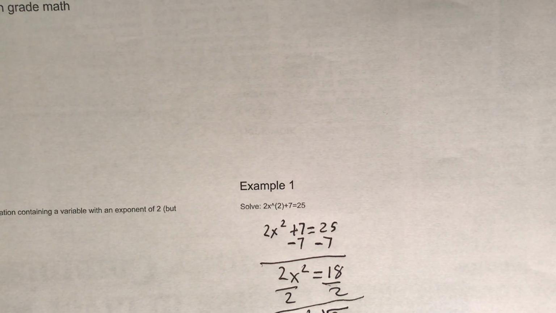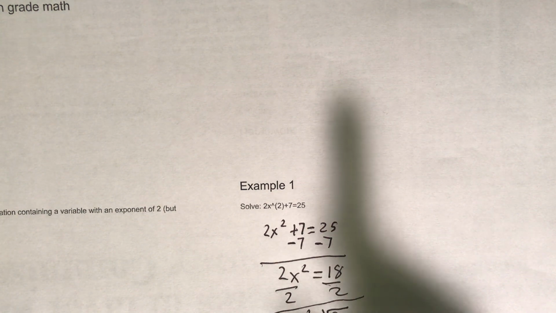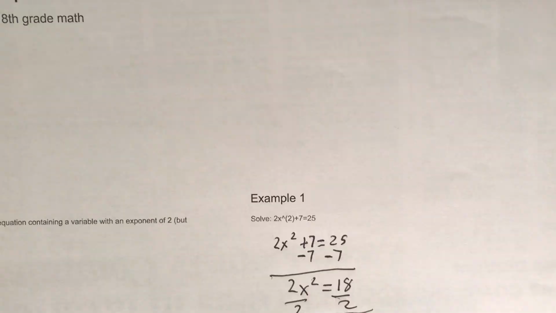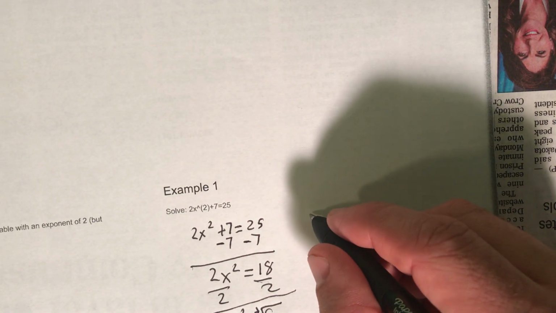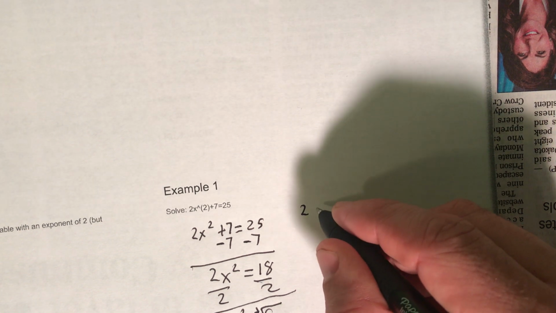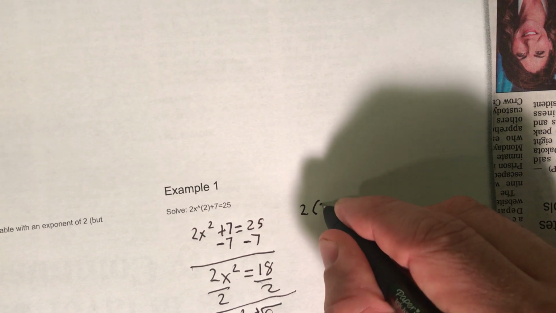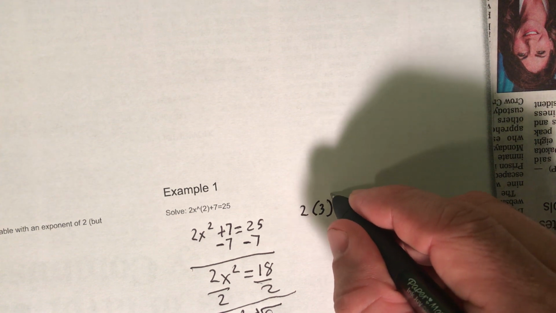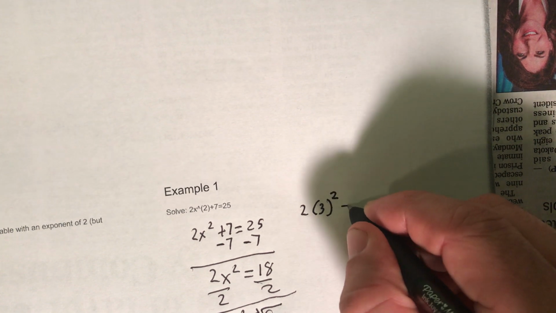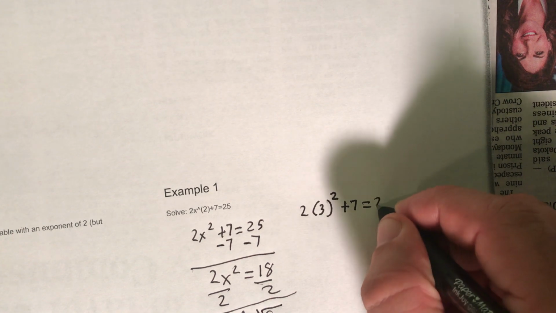What this plus or minus is telling us is that we can sub in 3, we can sub in negative 3. Okay? Now, I'm going to definitely do this because it brings up a valid point of some things I've told you before. So we're subbing in for x. So I'm going to put the number I'm putting in for x in parentheses. So this is squared plus 7 equals 25.